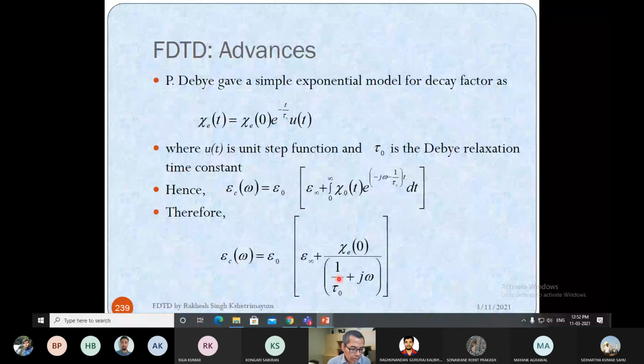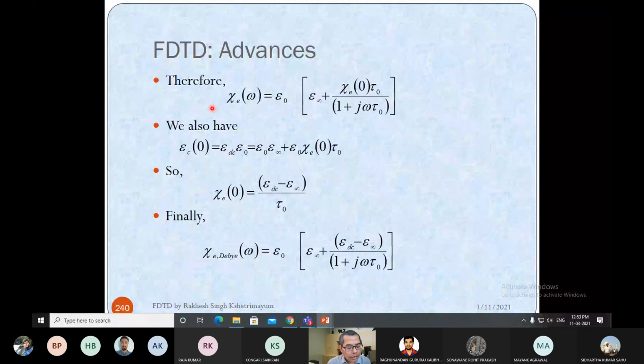So what we are getting is that in the Debye model, epsilon c omega is equal to epsilon 0 epsilon infinity plus chi e at time t equal to 0 times 1 by tau naught plus j omega. You can further simplify it. Epsilon c at omega is equal to epsilon 0 epsilon infinity plus epsilon 0 chi e at 0 tau naught divided by 1 plus j omega tau naught.